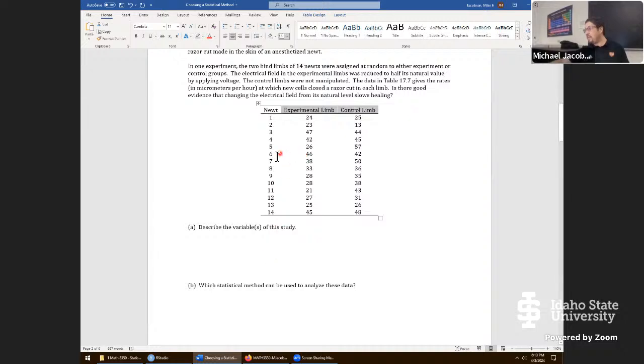So if every one of these values, say the 46 and 42, came from the same individual, the same newt, well, these are dependent data altogether. So when it said describe the variables of the study, this is almost a trick question in a certain sense. You wouldn't describe this one. This is the identifier, but you don't necessarily want to describe this one nor this one either, because the actual variable you're going to analyze for this type of data is the differences between the 2.